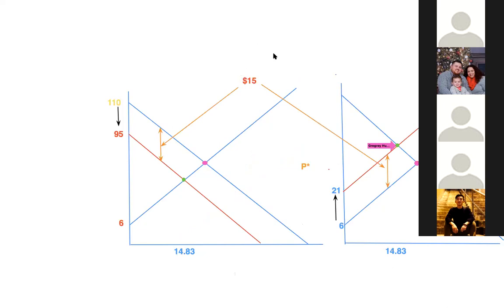Just to be clear, in case it's not obvious, the other price in each of these diagrams is just on the other curve, directly above or below. See how it's just right above, but it's on the demand? Yeah. See, like this?